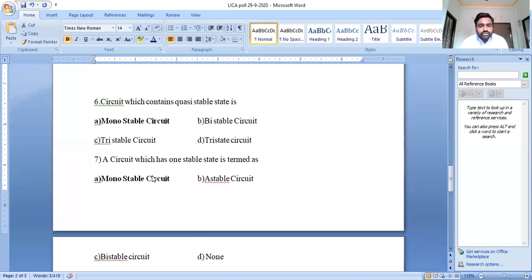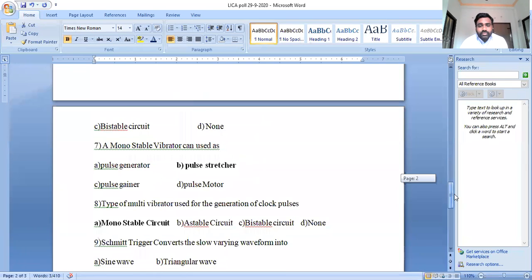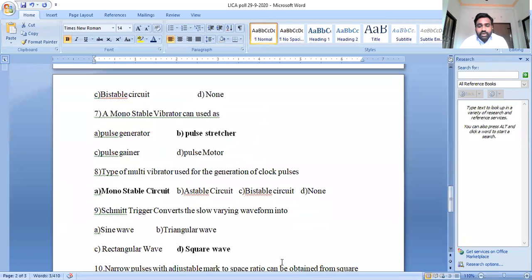Seventh question: the circuit which has one stable state is termed monostable. This point already came in our starting discussion, and many people chose the correct answer.